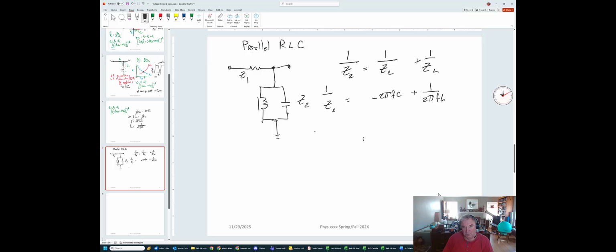So we have ZC and ZL as our common denominator. So we have ZL plus ZC equals 1 over Z2. And so Z2 equals ZC times ZL divided by ZL plus ZC.